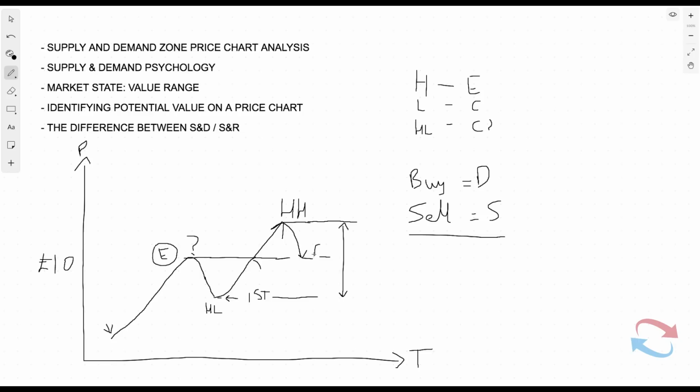Yes, of course, fair value is a decent place, but not the best place. The best place you really want to be buying, and the cheapest, would be at higher lows, right? And this is really the key to understanding supply and demand, and the psychology behind supply and demand, level and zone trading, and identifying potential value.